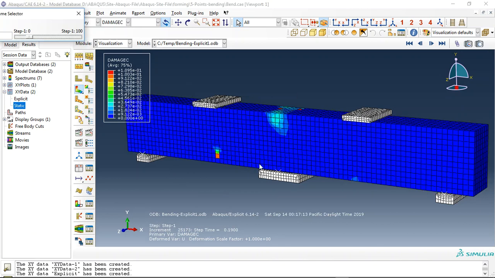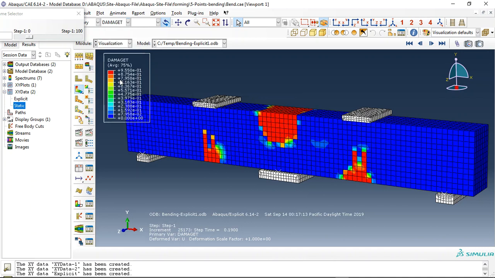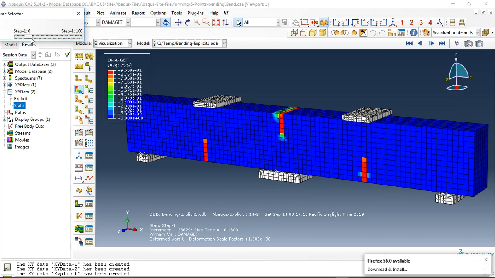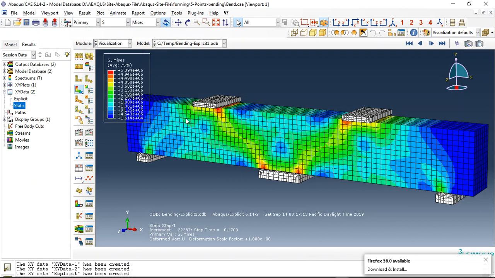But in time 19, see that the tensile damage happened, and after that in time 20 it is completely damaged. See that, 99%. Okay, this is the dynamic simulation.